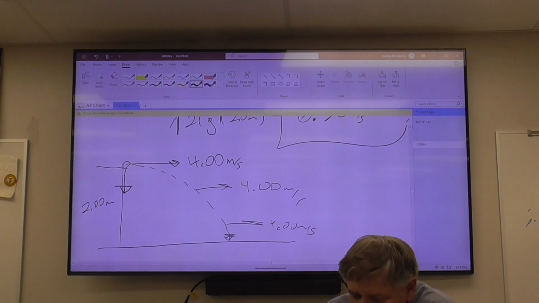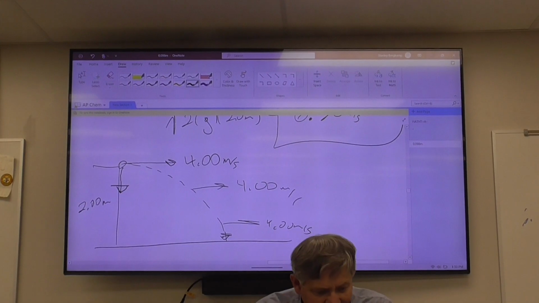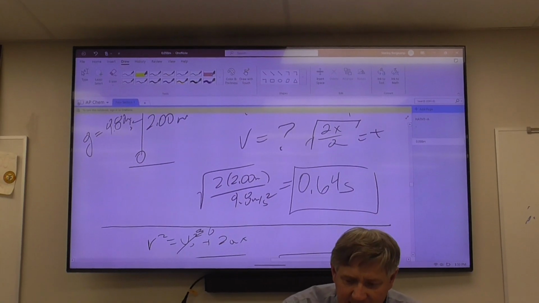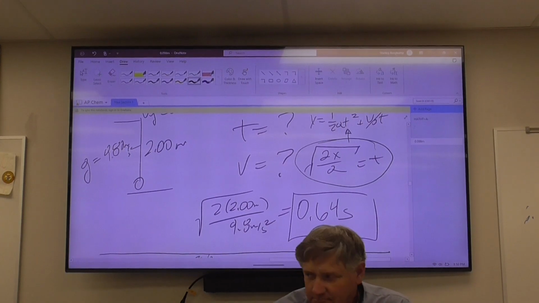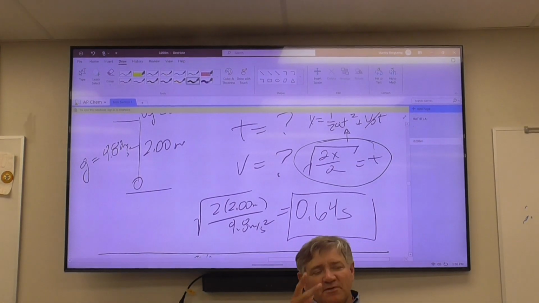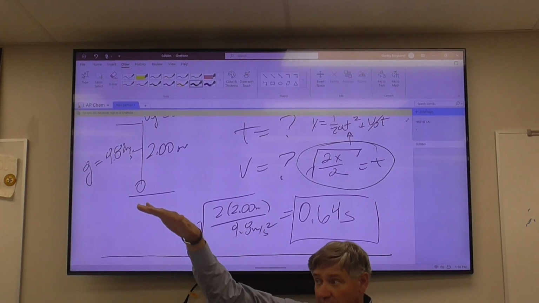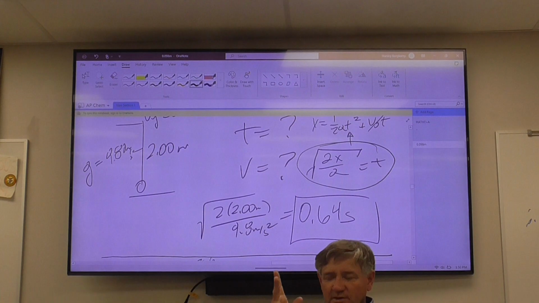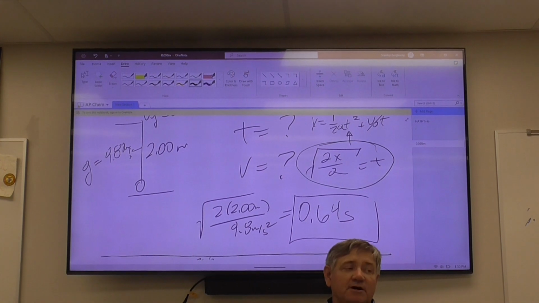So when you look at what's a factor and what's not a factor, assuming it was launched in a horizontal plane, what are the only two things that determine how long it took to hit the ground?